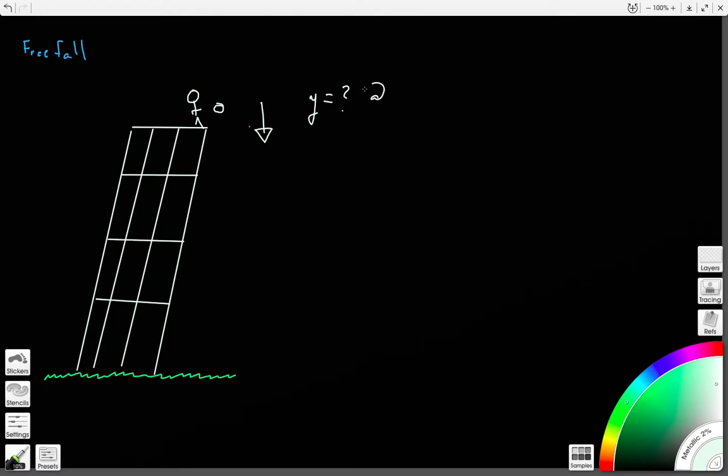We will also figure out the velocity of the ball at different time intervals as well. And finally, we can figure out what is the time required for the ball to reach the ground.